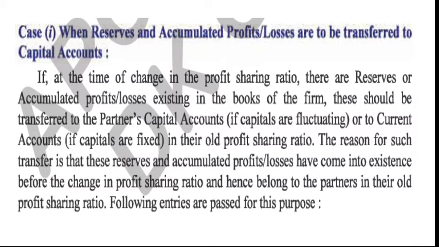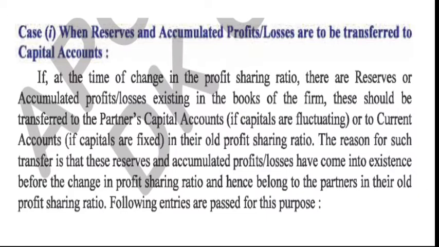Why is it so? The reason for such transfer is that these reserves and accumulated profits and losses have come into existence before the change in profit sharing ratio and hence belong to the partners in their old profit sharing ratio.